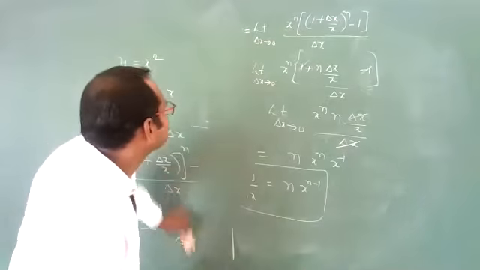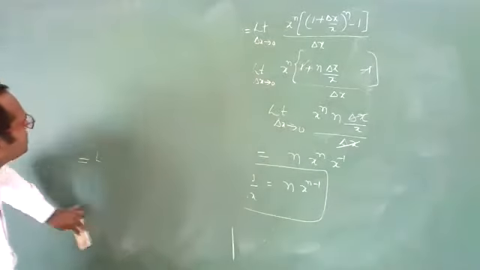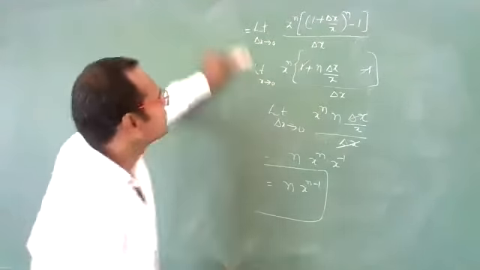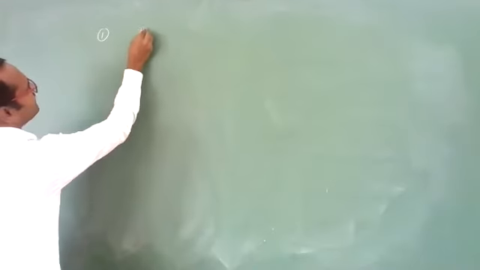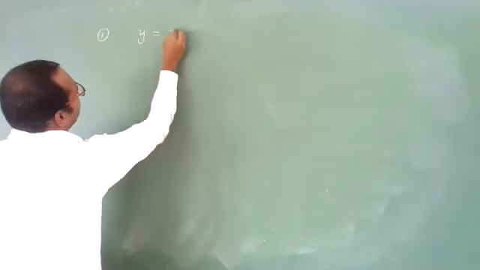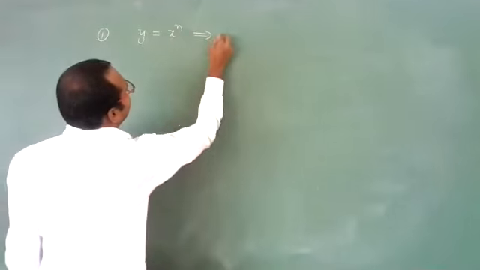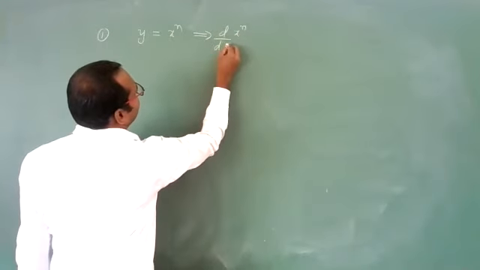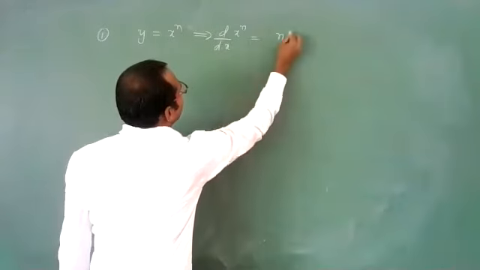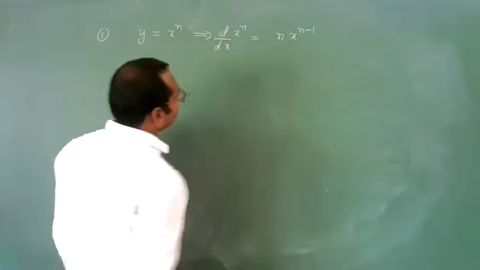Yes, students. Now I will give you some standard formulas for differentiation. Let us remember all these formulas. First one: if y is equal to x power n, then dy by dx is n into x power n minus 1.